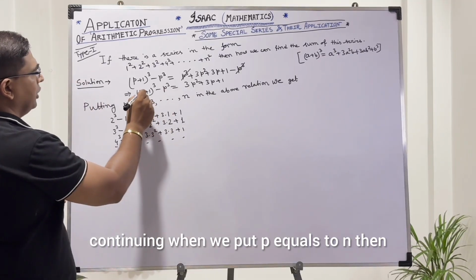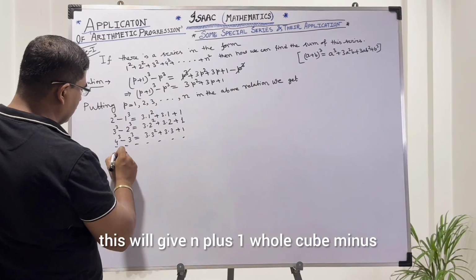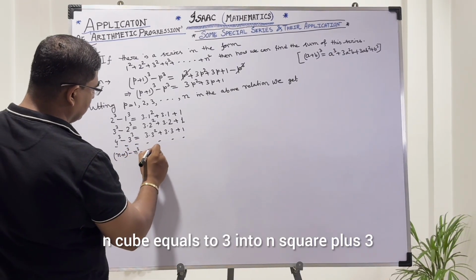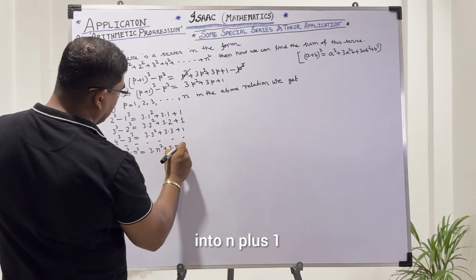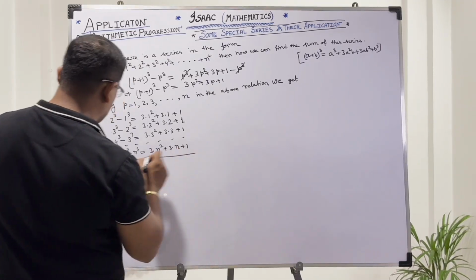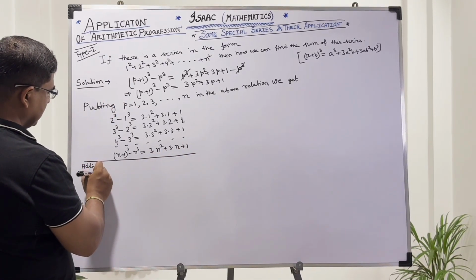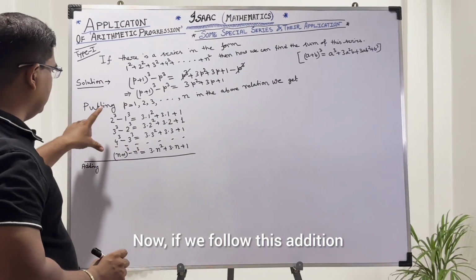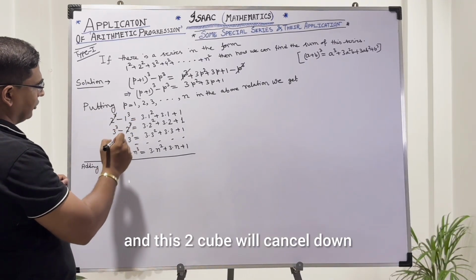Continuing, when we put p equals to n, then this will give n plus 1 whole cube minus n cube equals 3 into n square plus 3 into n plus 1. Adding, we get, now if we follow this addition, then these 2 cube and these 2 cube will cancel out.